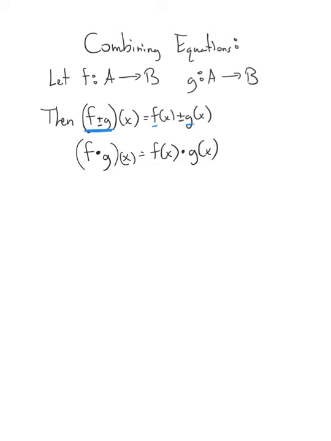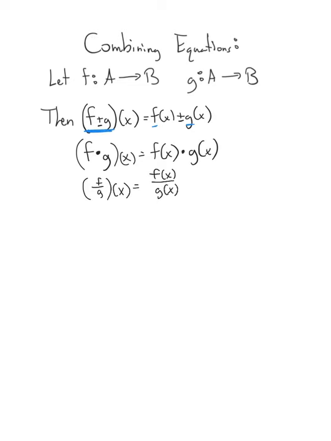And just be careful with the use of the brackets here. I know it kind of looks weird, but I just want to say this here is a function. Remember, f and g are both functions, so I'm just saying I'm combining these functions by either adding, subtracting, or multiplying. And you can also divide. You can also say f over g of x is f of x over g of x.